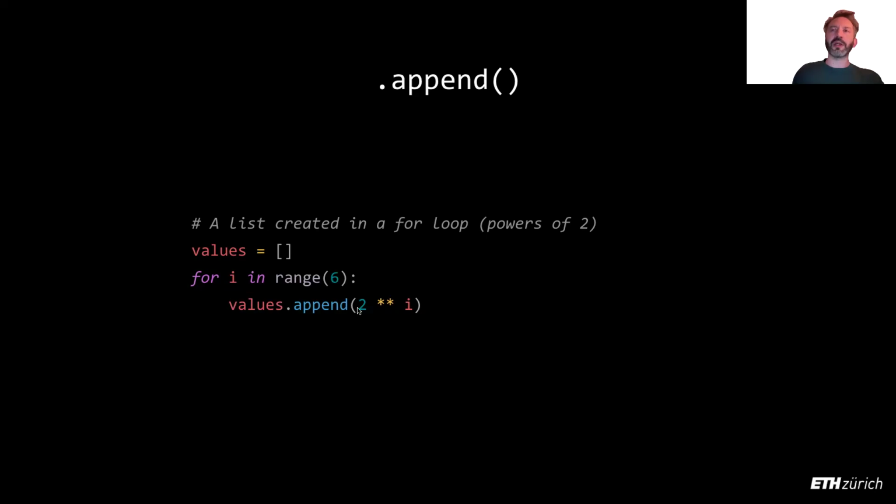And then every time we will append the power of 2 to that list. So this is the operator for power of, and that means that we are appending 2 to the power of I, and I will be 0, 1, 2, 3, 4, and 5, because we have 6 items in the range.